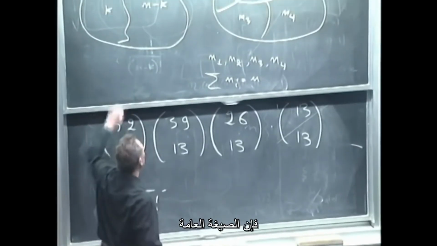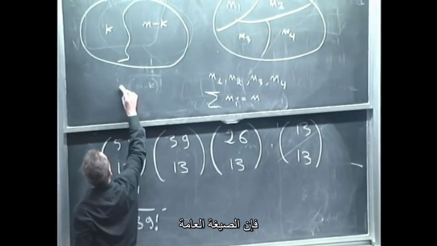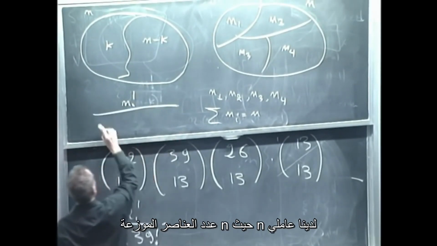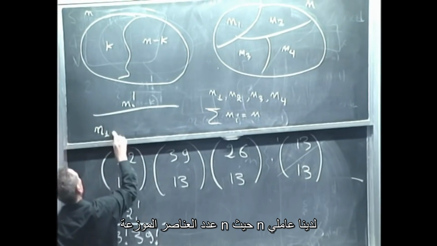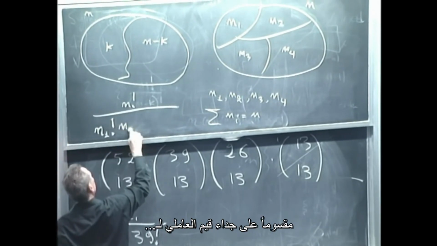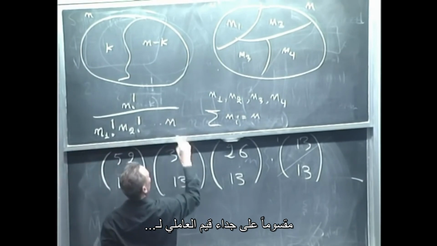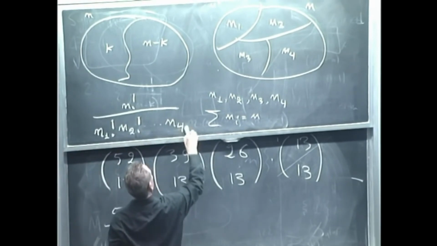If you were to generalize this formula to the setting that we have here, the more general formula is you have n factorial, where n is the number of objects that you are distributing, divided by the product of the factorials of the sizes of the sets.